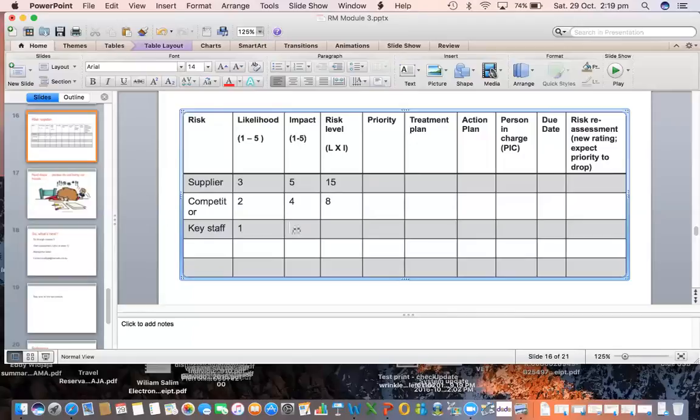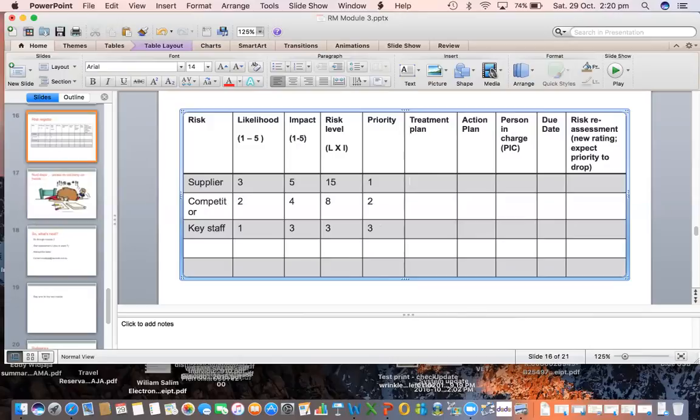Well, do we have the system working on this project as well? Yes, we do. Let's say the impact is moderate, and the risk level is 1 by 3, so we got 3. If you look at that, the supplier risk is the highest in terms of risk level, therefore it becomes our priority 1. The next one is 8, so this is priority 2, and this is priority 3.